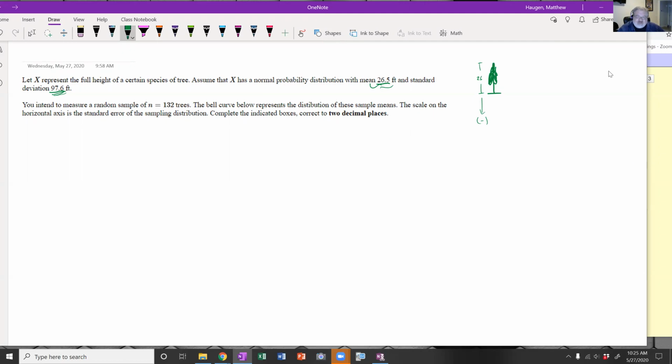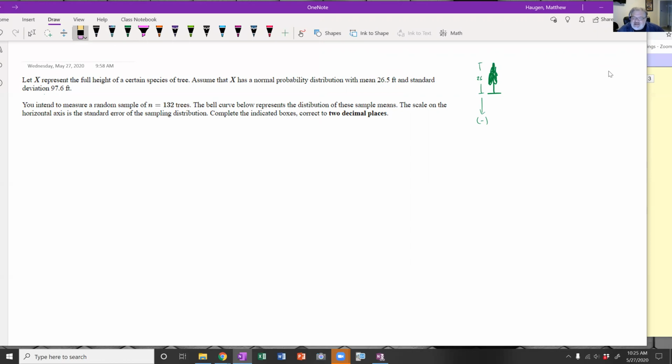But this standard deviation doesn't seem too unreasonable because the variance in height of trees is really very dramatic. You have trees that are several hundred feet high out there.